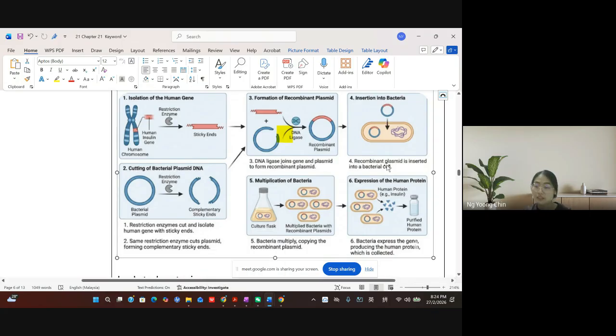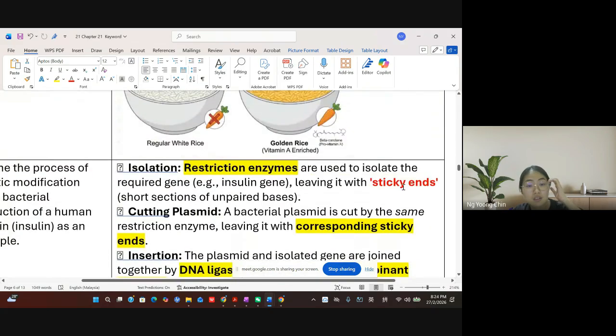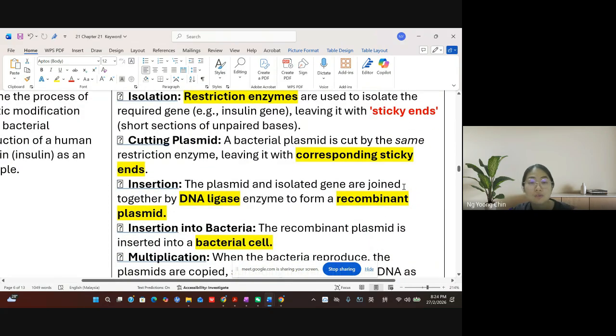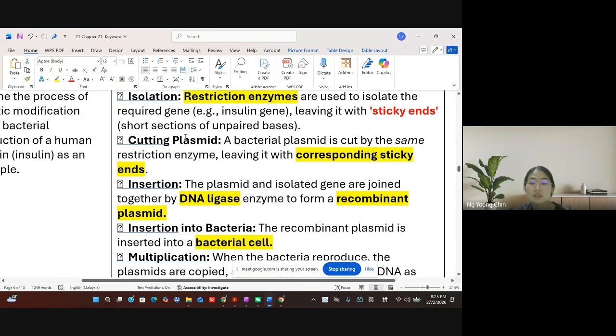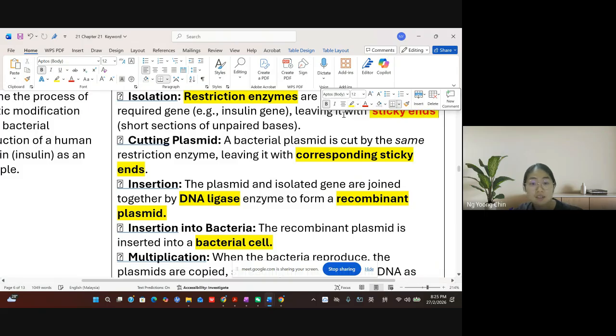So after you generate the recombinant plasmid, you need to put it back into the bacterial cell. Yeah, see, so you just need to write a few points. Starting with the restriction enzyme. The restriction enzyme is used to isolate the required genes, and then you produce sticky ends. So restriction enzyme, sticky end, cut on the DNA.